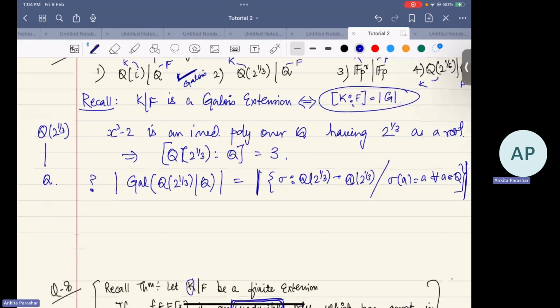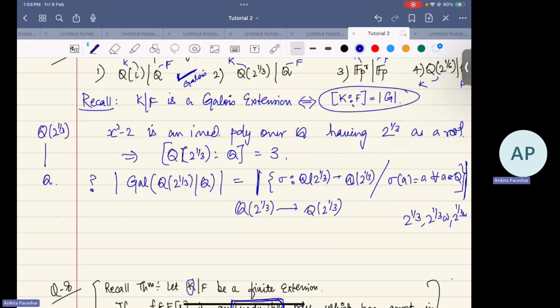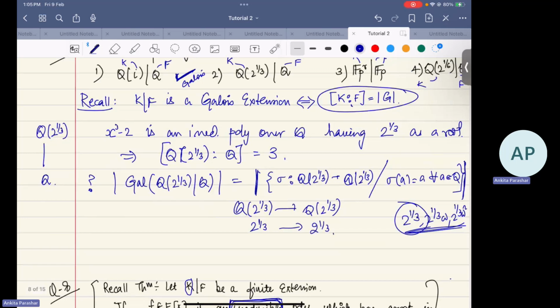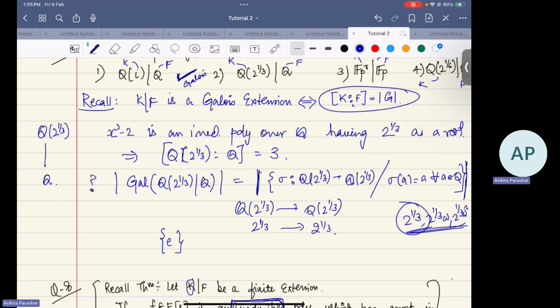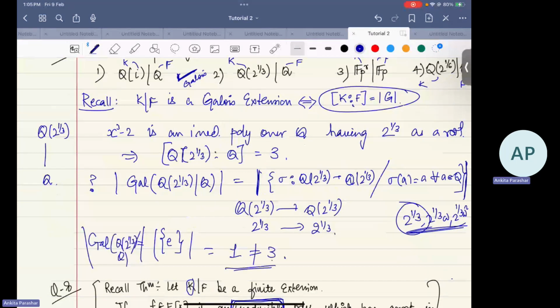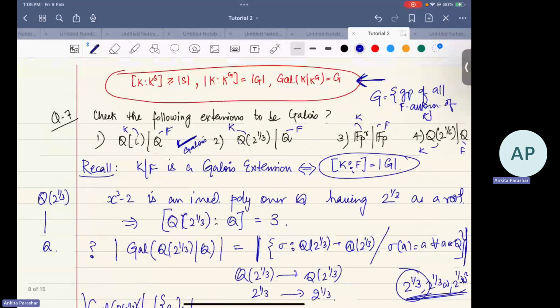This has repeatedly come up. 2^(1/3) has many possible images among the roots, but among them only 2^(1/3) is the real root. So 2^(1/3) can only go to 2^(1/3). So we have just the identity homomorphism in the Galois group. So the cardinality is nothing but 1, which is not equal to 3. Therefore, in this case it's not a Galois extension.